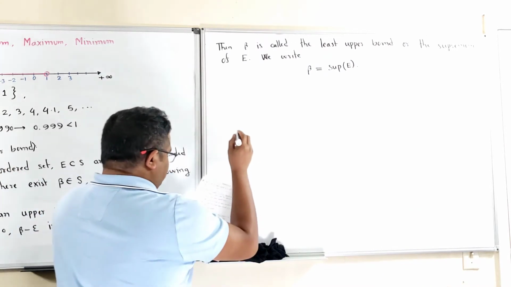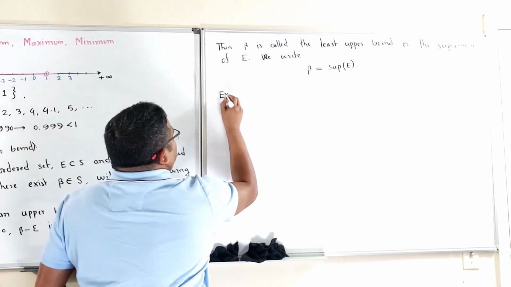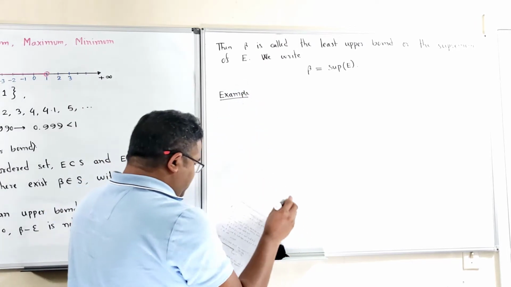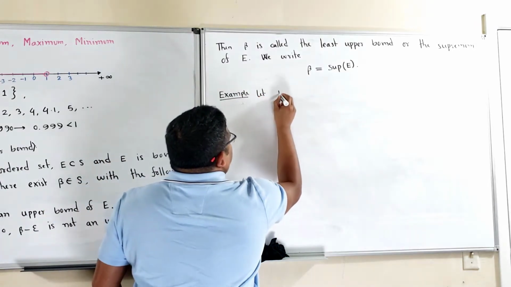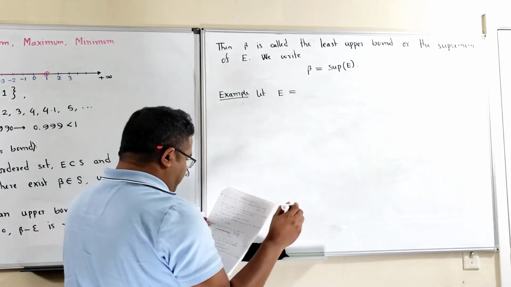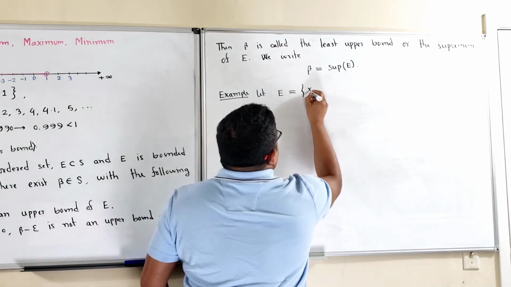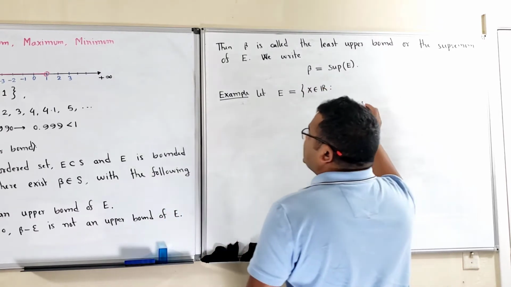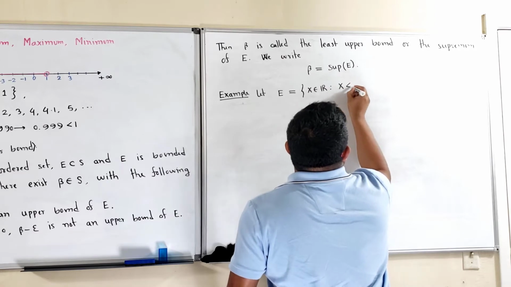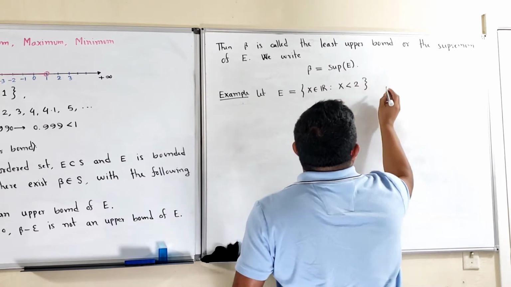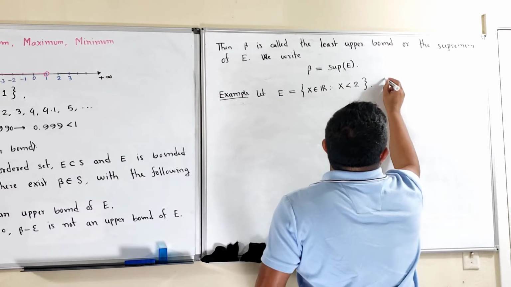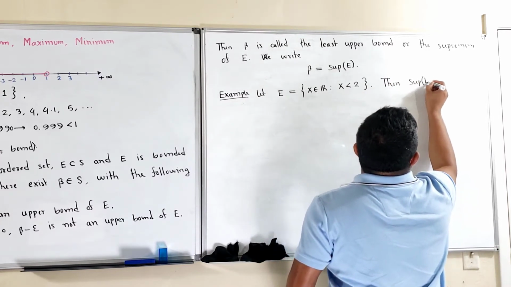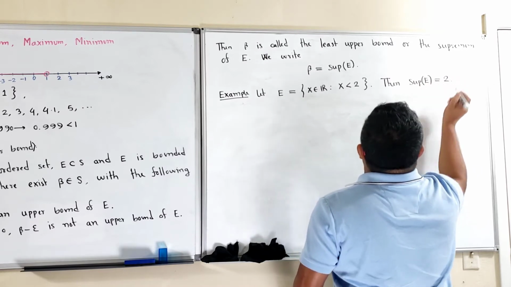For example, if we consider the set E equal to x, an element of R, such that x is less than 2, then the supremum of this set E is 2.